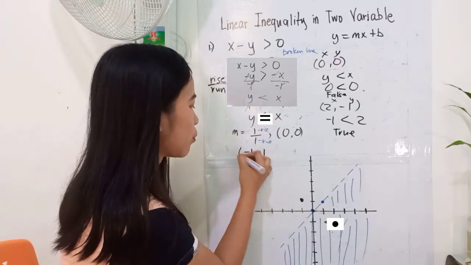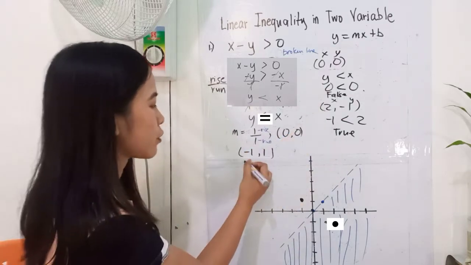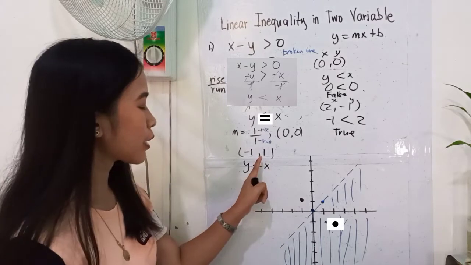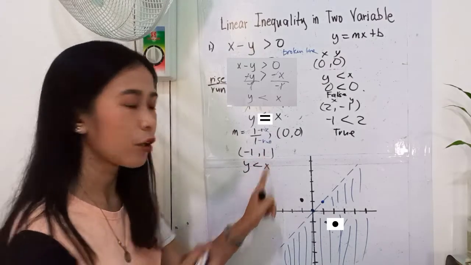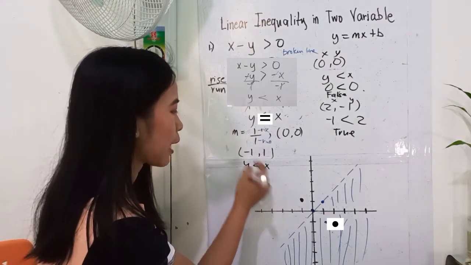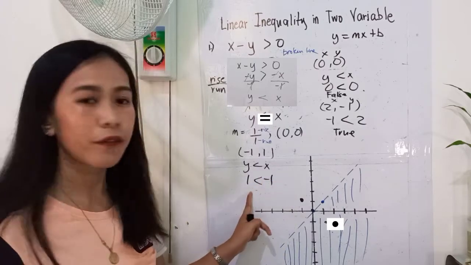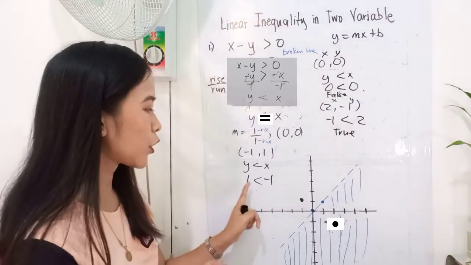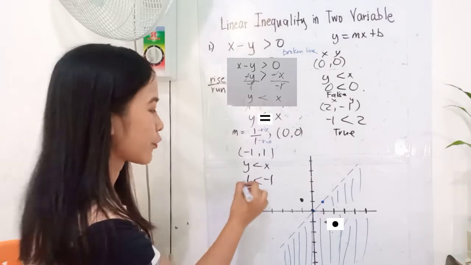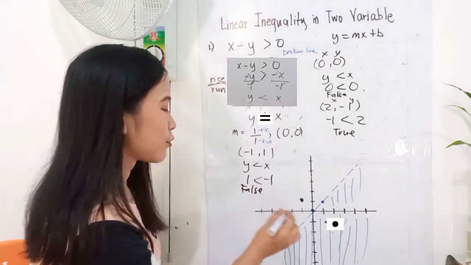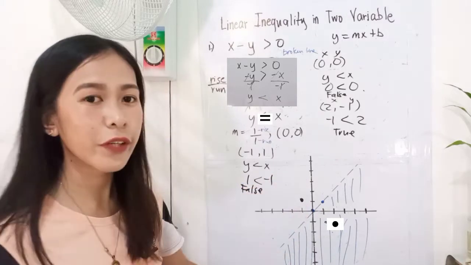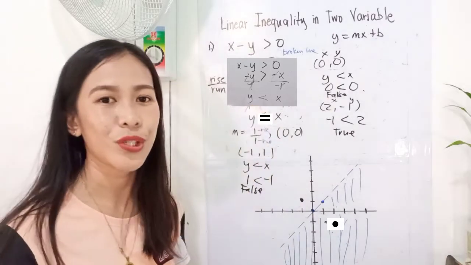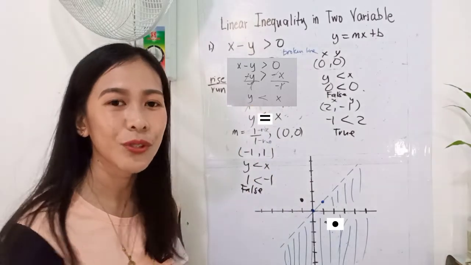Kunin lang ulit natin yung y less than x. Ang ating y dito ay 1. Is 1 less than negative 1? Is it true or false? Of course, that is false. Therefore, nakuha natin yung tamang graphing, and tamang solutions. Ganun lang kasimple, mga bunso.